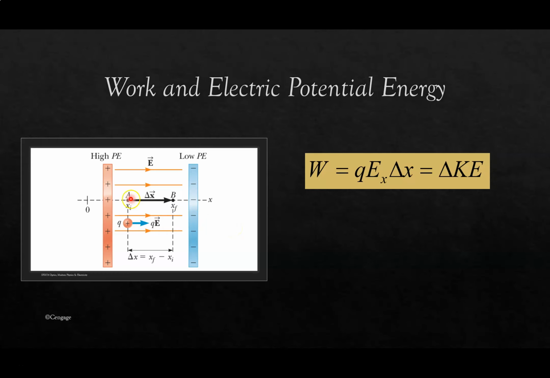It means when the electric charge moves from point A to point B in this figure, it gains kinetic energy but loses an equal amount of potential energy.